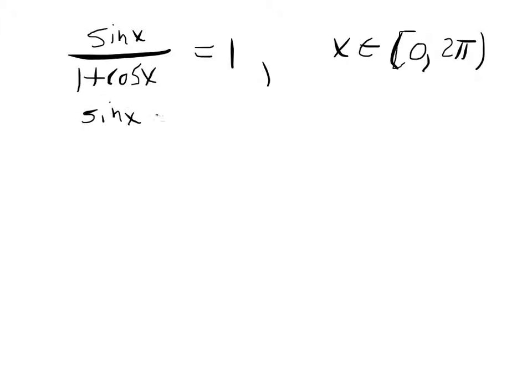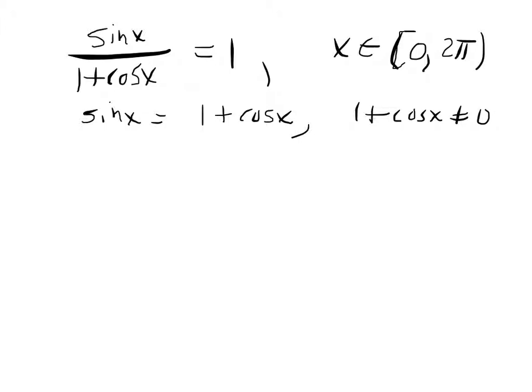And we get sine x equals 1 plus cosine x, noting that 1 plus cosine x can't equal 0. We look at that, and we still have no clue. That's not really helpful. Well, one thing that we did in the past at times, particularly if we had a square root on one side of an equation we wanted to solve, is we squared both sides. And then we checked for extraneous solutions at the end.